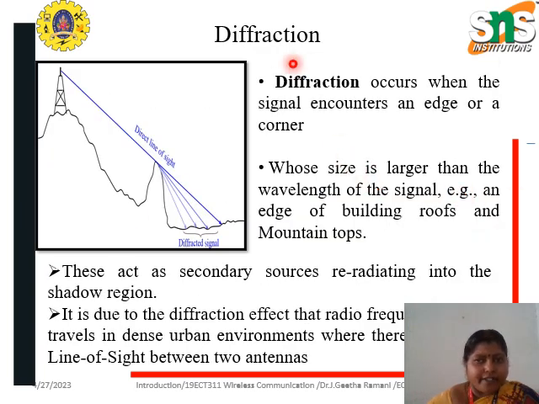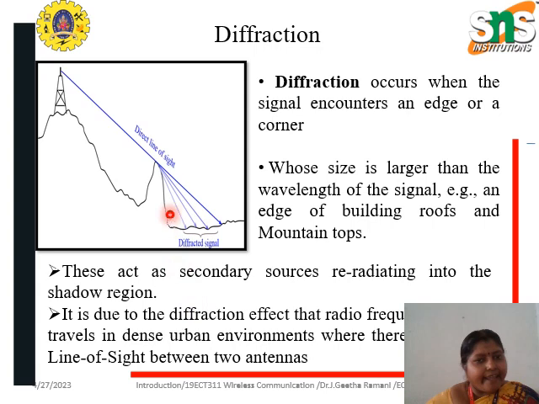And in the case of diffraction, it occurs when your signal encounters edges or a corner. That is, when it hits sharp edges like hills, trees or towers. In this case, the diffraction phenomenon will be present. Here the consideration is that the size is larger than the wavelength of the signal, such as the edges of building roofs and mountain tops.